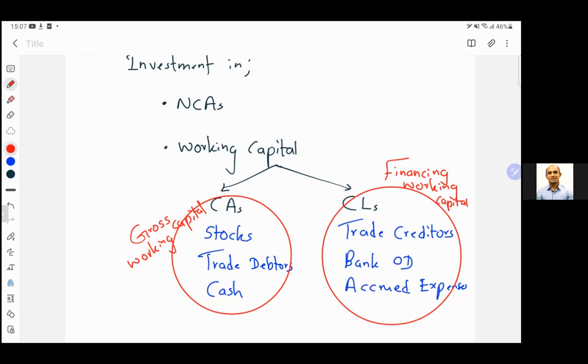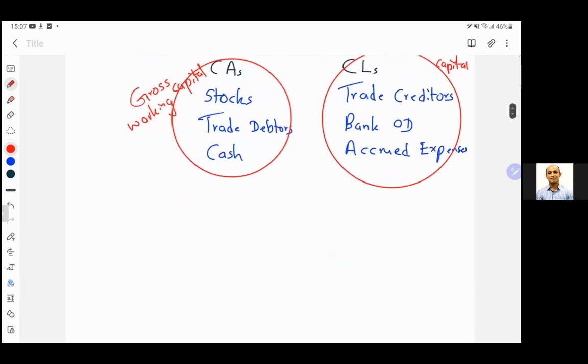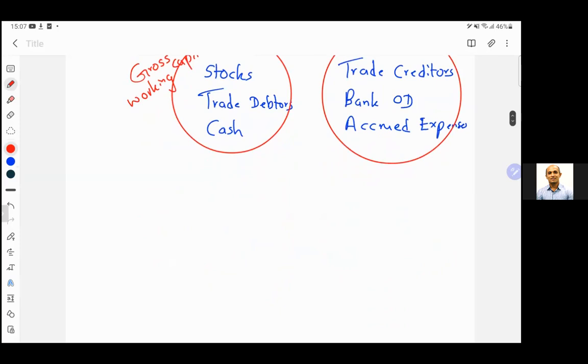Then your non-current assets investment has to be financed. So you may go for bank loans or leases.